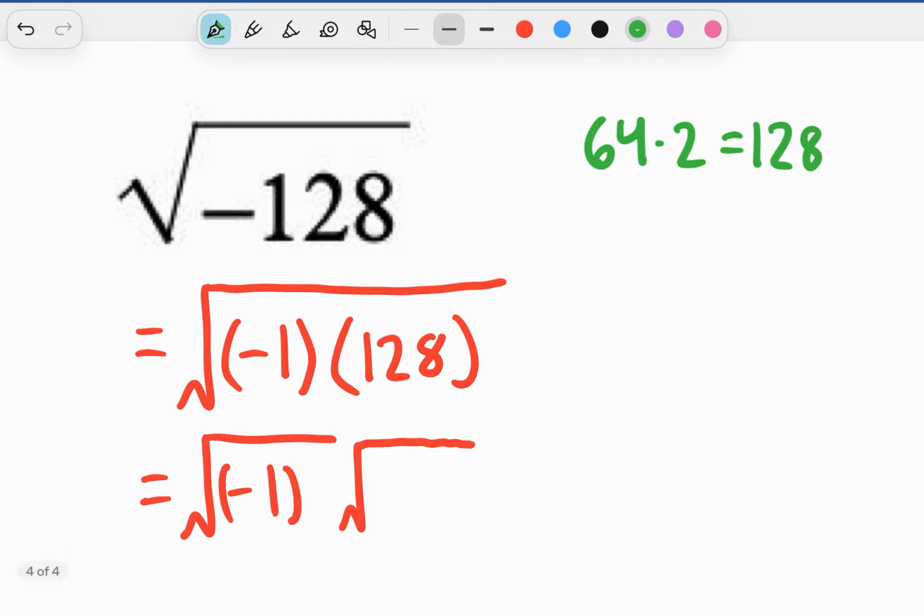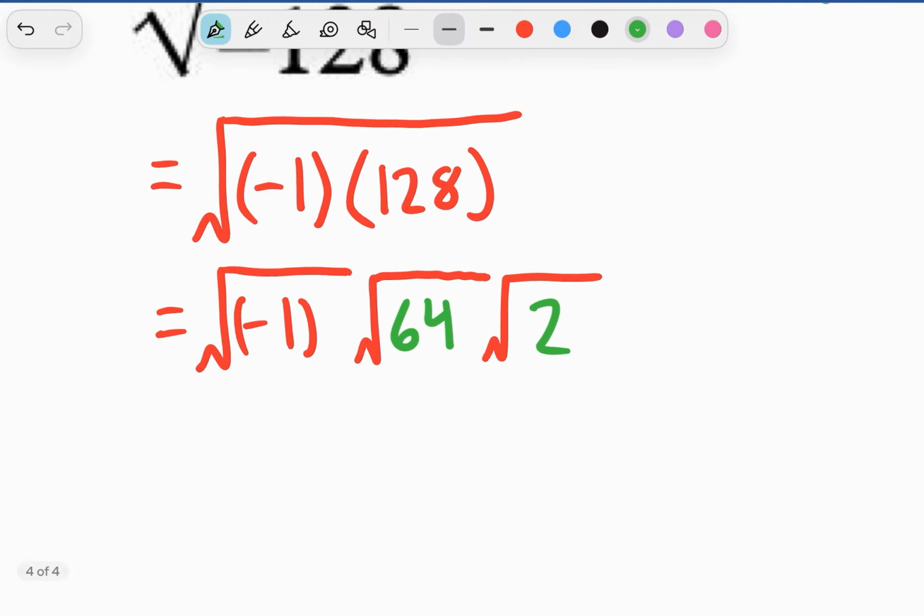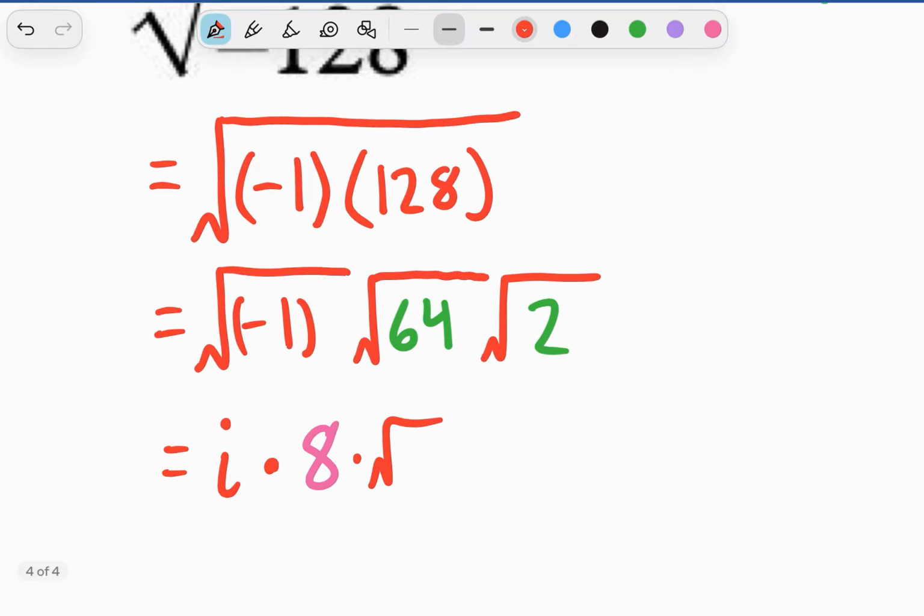So we'll break this down to 64 and have another one that's 2. This is just going to be i times the square root of 64, which is 8. And we can't reduce the square root of 2. The square root of 2 is irrational. I mean, you can try to find it. Good luck.